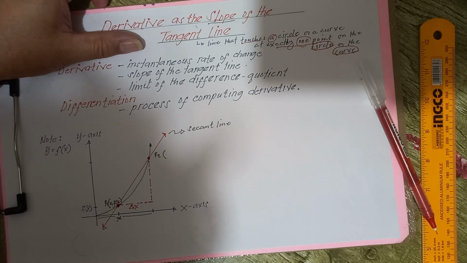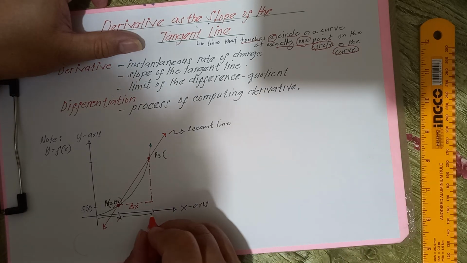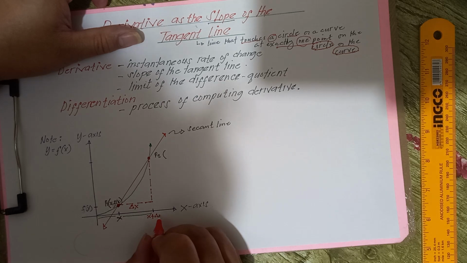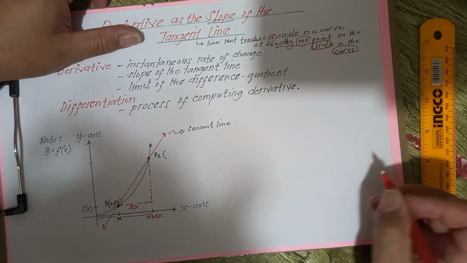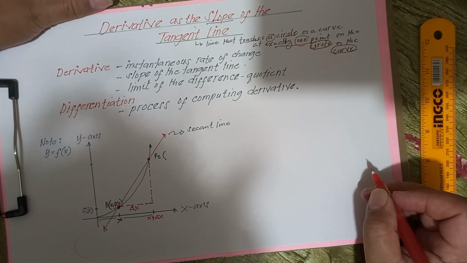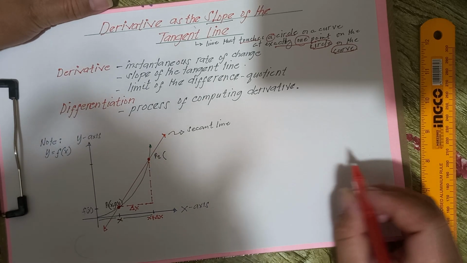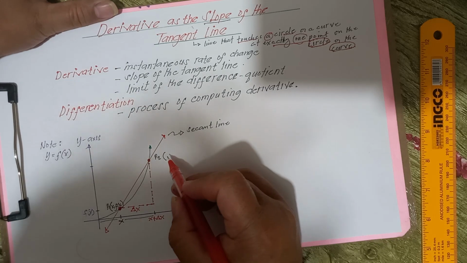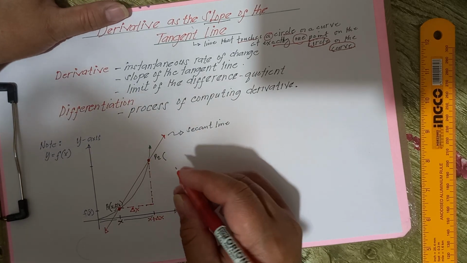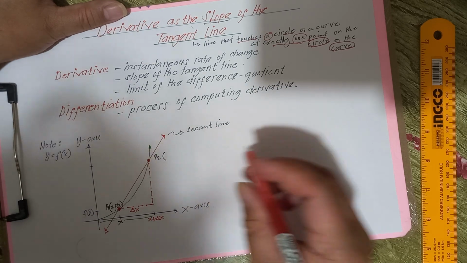So if we are going to add that one, then this calibration is x plus change of x. Now having said that, we can have now the coordinate of this point 2.